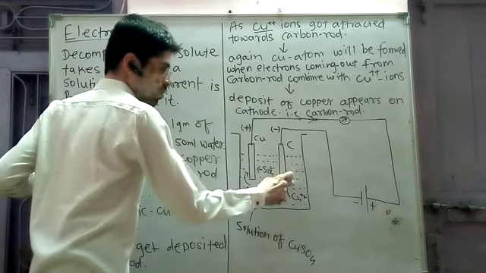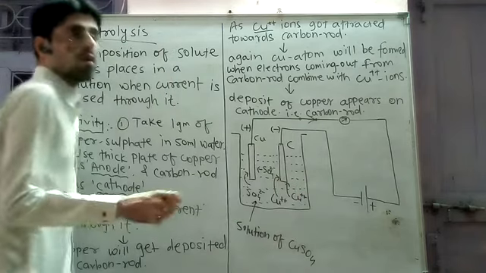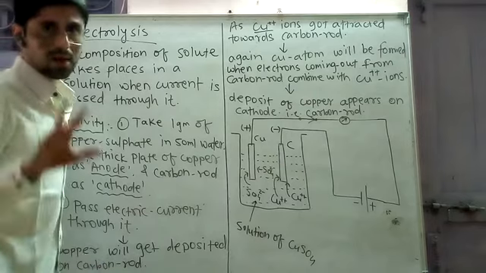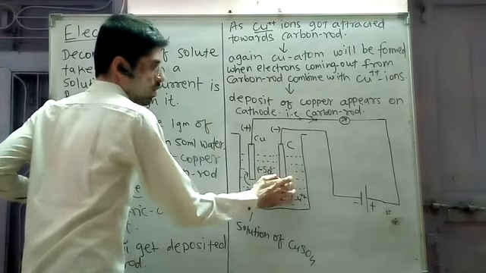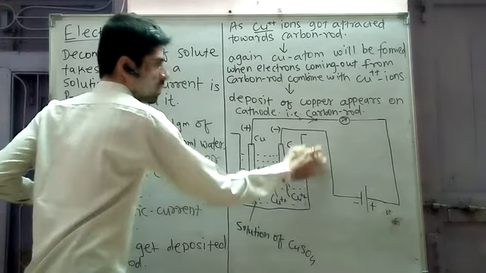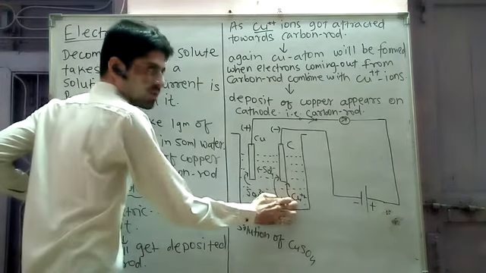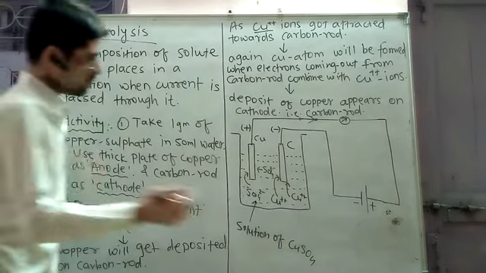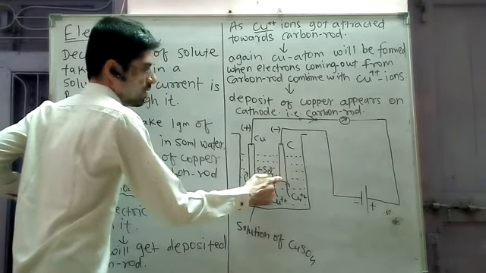These free electrons will combine with Cu++ ions and form normal copper atoms. I am repeating the point: the electrons coming out of this carbon rod come from the negative terminal of the battery. They combine with Cu++ ions and form copper atoms. These copper atoms will get deposited on this carbon rod.